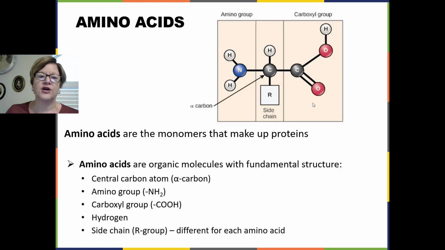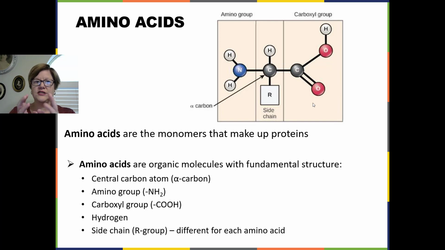So the monomer unit that makes up the polymer, the monomer of proteins, is called amino acids. I think what students get confused is there's a different group of molecules called nucleic acids, but amino acids don't belong to that group.